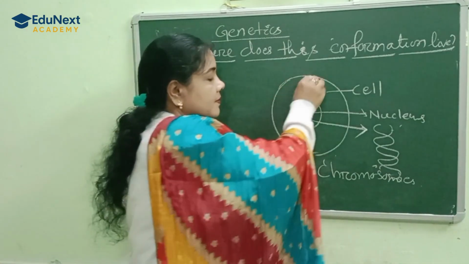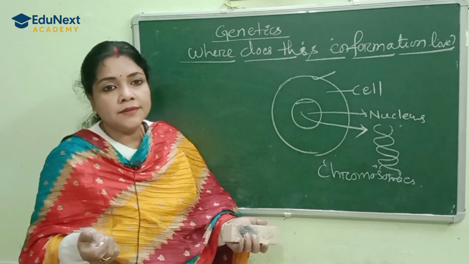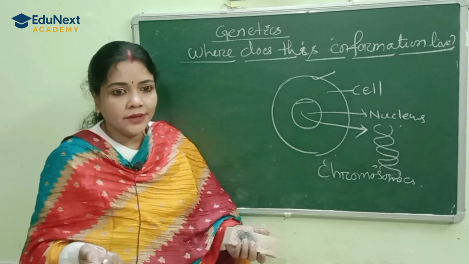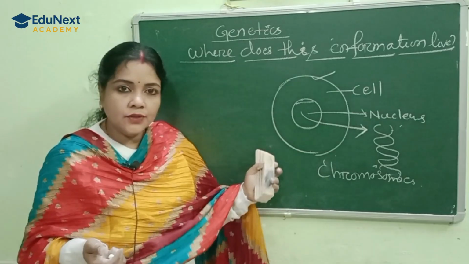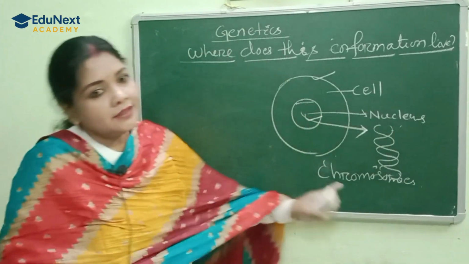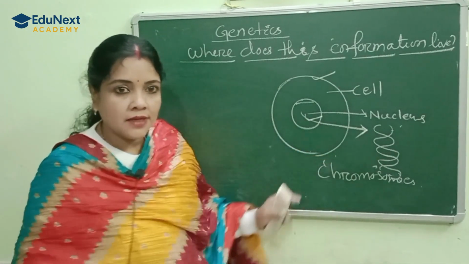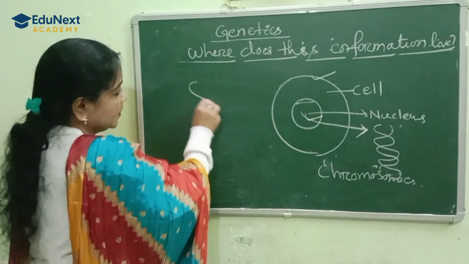For example, our body is made up of multiple types of cells. Inside the cell, you know that the nucleus is there. Inside the nucleus, some genetic material remains, that is the chromosome.